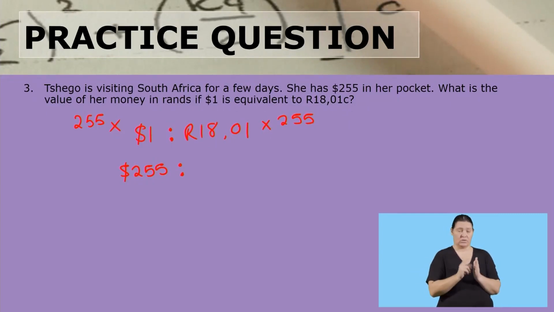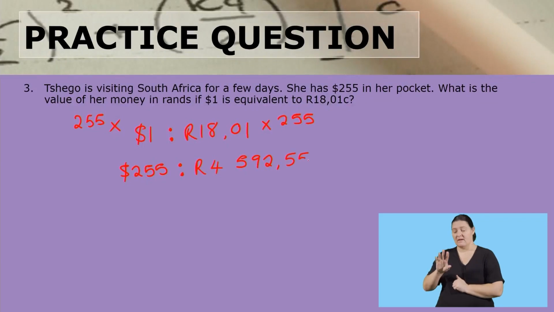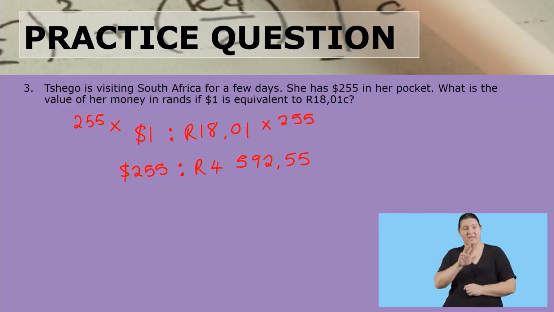And when you punch that into your calculator exactly as it is, 18,01 multiplied by 255, that will give us an answer of 4,592 rands and 55 cents. So this means that Tshego will actually have 4,592 rands and 55 cents in her pocket when she has converted that money.